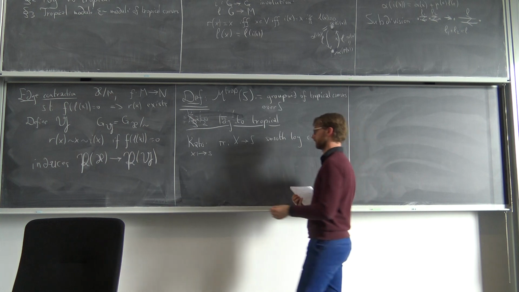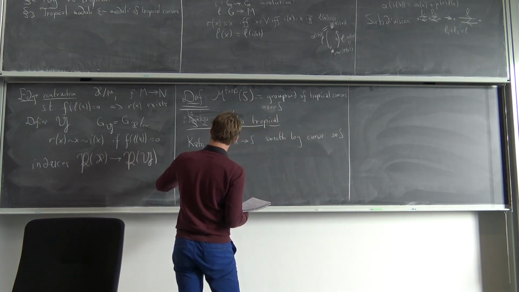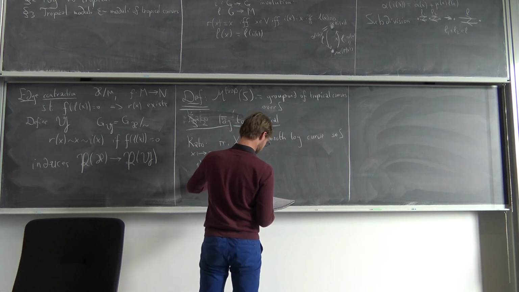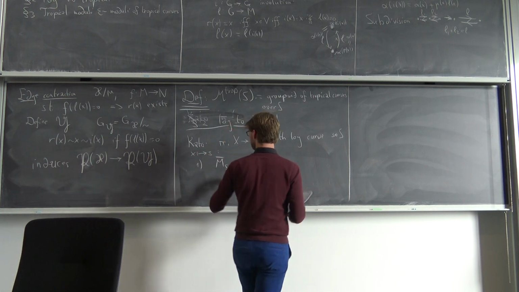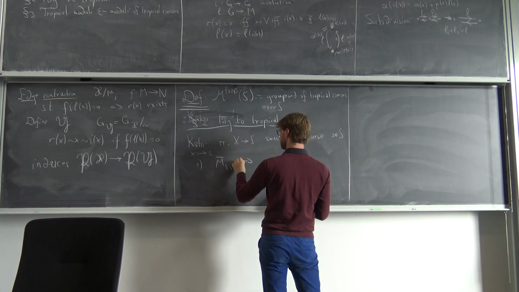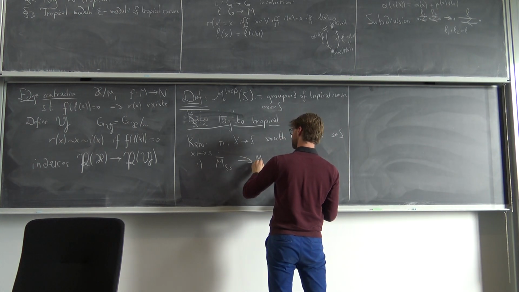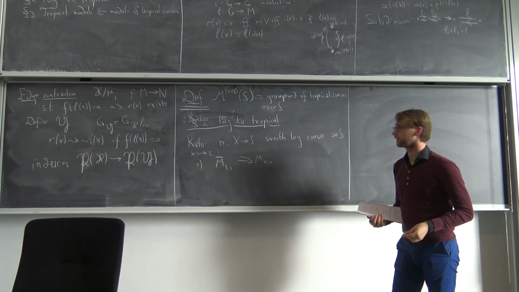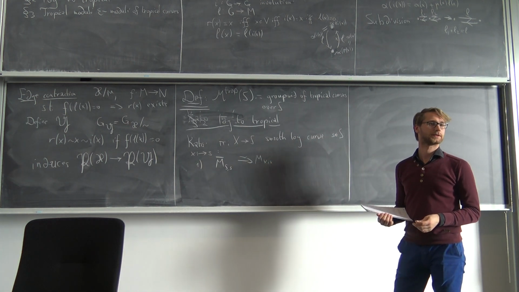We can either have the case where the stalk over S of the monoid M bar is isomorphic to that of X, which was the smooth point.